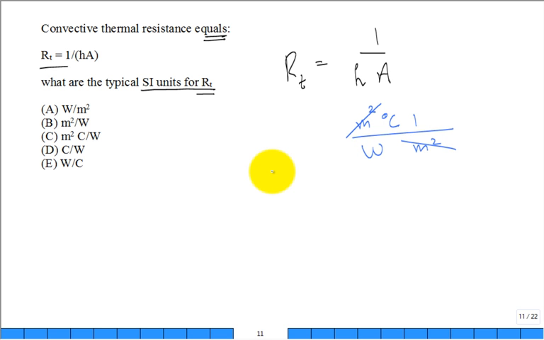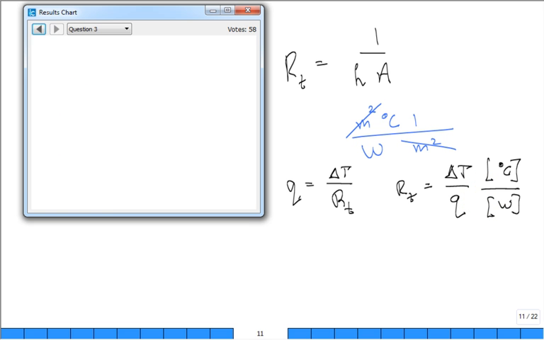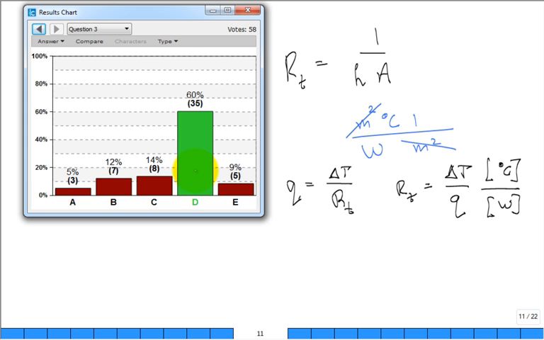Another way is to say Q is equal to a change in temperature divided by some resistance, true? So the resistance is equal to the change in temperature divided by Q. What are the typical units for the change in temperature? What are the units for the flow? You get the same answer, degree C per watt. So which one is correct? D. All right, let's press forward.